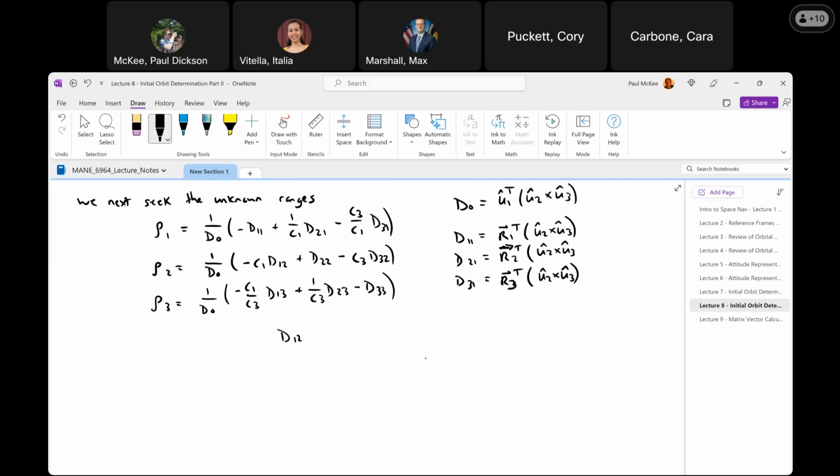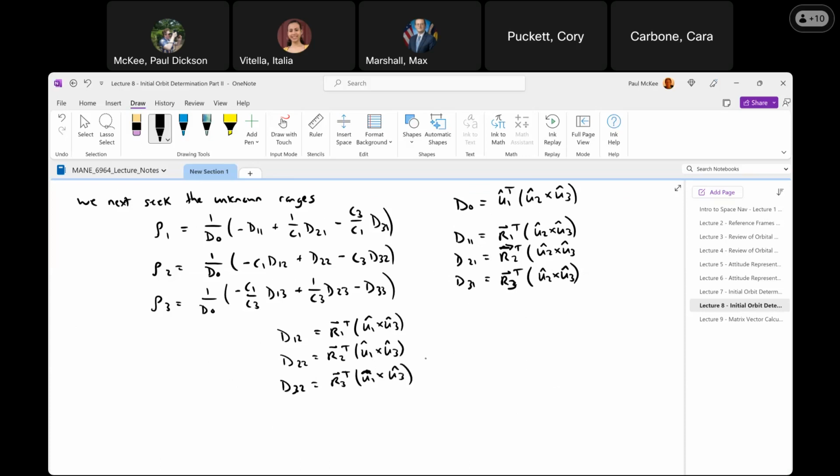D12 is equal to R1 transpose U1 cross U3. D22 is equal to R2 transpose U1 cross U3. D32 is R3 transpose U1 cross U3.